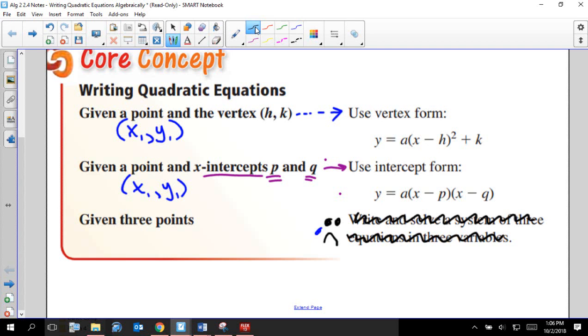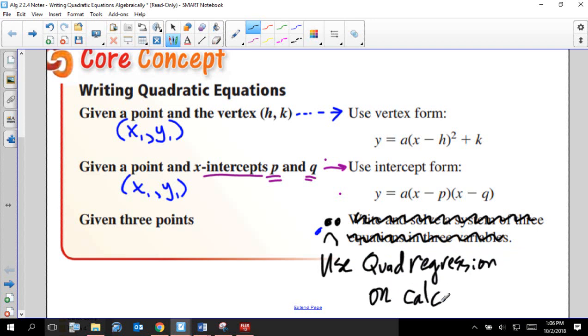I'm going to leave that for honors classes, or if you go to pre-calc next year, you will learn how to do that. So instead, when we have questions that just have 3 points, we're going to use the quadratic regression feature on the calculator, which you already practiced. So we already know how to do the last one. Okay?